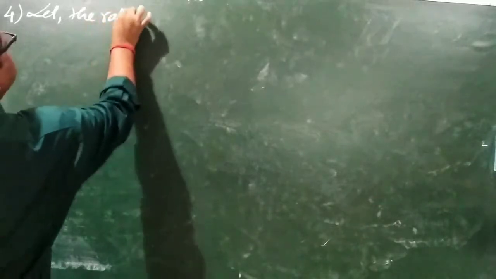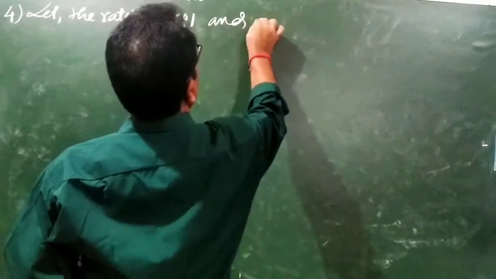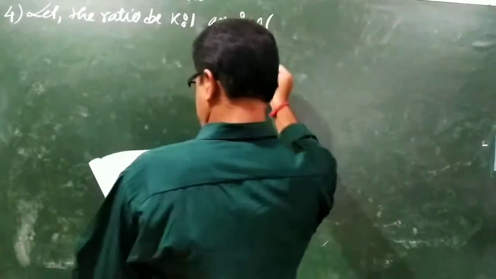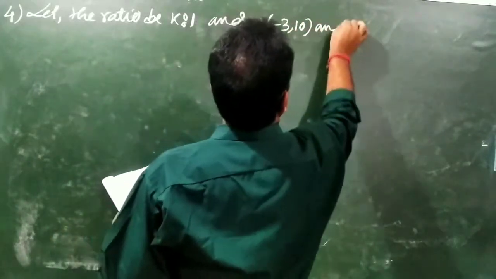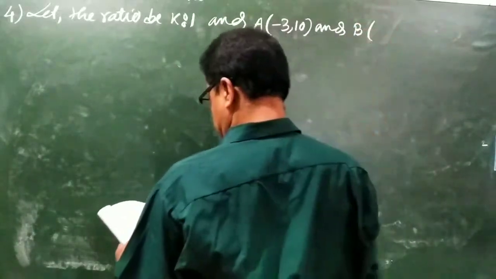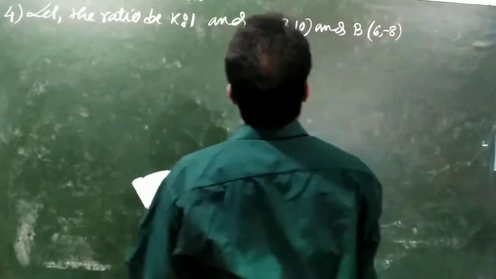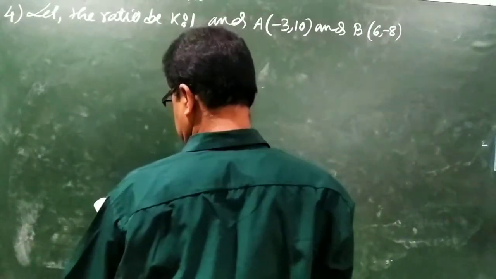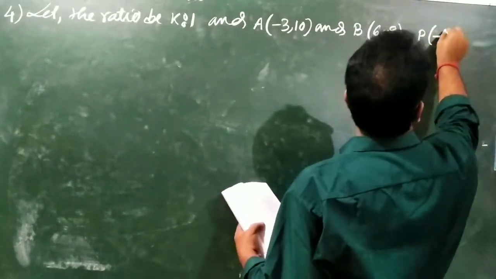Let the ratio be k:1, and A whose coordinates be -3, 10 and point B 6, -8 and point P dividing, and point P coordinate is -1 and 6.